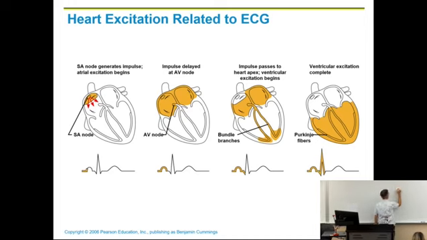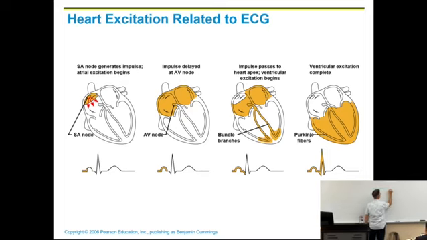Basically, every 1 millimeter in the horizontal is equal to 0.04 seconds, and every 1 millimeter box in the vertical is equal to 0.1 millivolts instead. So if you see the 3 little waves on a graph, you're just counting the number of boxes, 1, 2, 3, 4, 5, from the highest point to the lowest point for amplitude, or from where it starts to where it stops for duration, and then you just convert it.